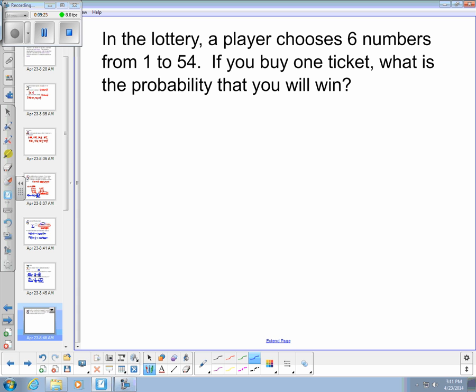Okay, let's look at something a little bit larger. In a certain lottery, a player chooses 6 numbers between 1 and 54. If you buy 1 ticket, what is the probability that you will win? Well, on the top, we want the number of winning combinations. And on the bottom, we're going to want the total number of combinations that we can make.